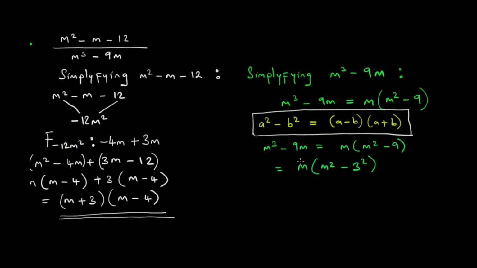Ta replace a 9 na 3 squared. Zvinoreva kuti ticha apply this principle here, the difference of two squares. Because panapa tina a squared minus b squared, panapa tina m squared minus 3 squared. This is going to be equal to m, then m minus 3, m plus 3. Saka this is what we get tika simplify our denominator.